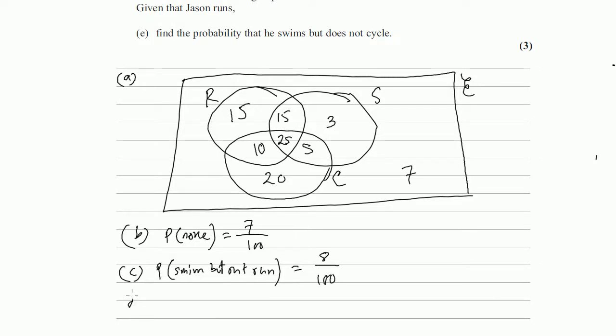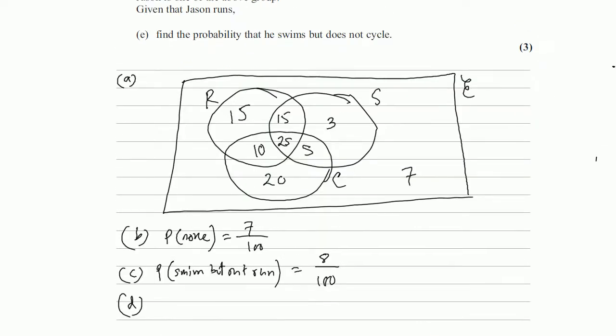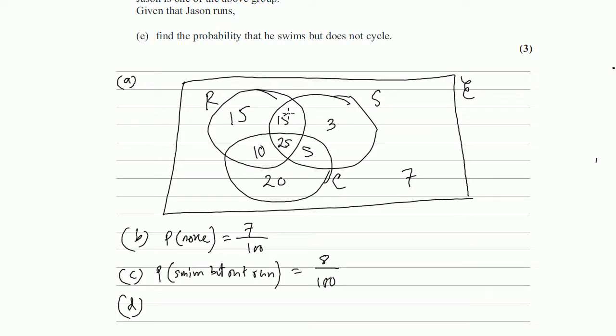Question number D. In question number D, they said takes at least 2 of these types of exercise. At least 2 of these, what does that mean? That means they do 2 of these, but they can also do more than 2 of these. They can do all 3. So this means all 3, 25. At least 2 means not less than 2, but they can also do all 3.